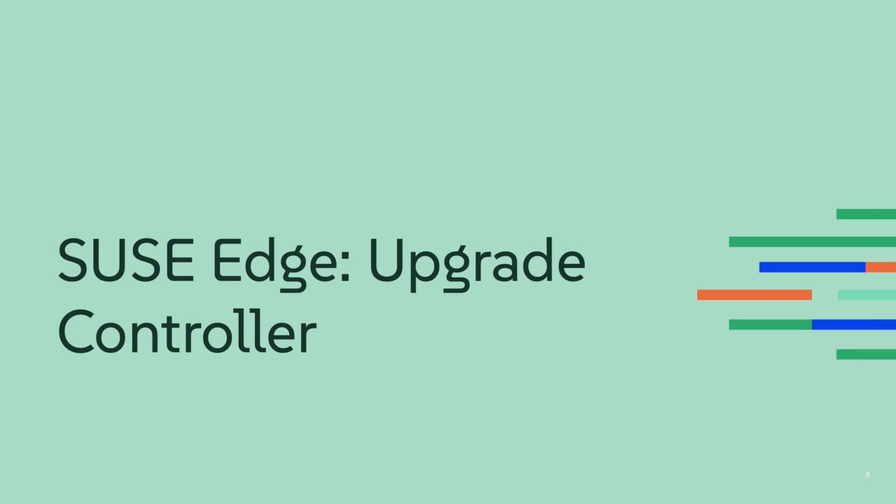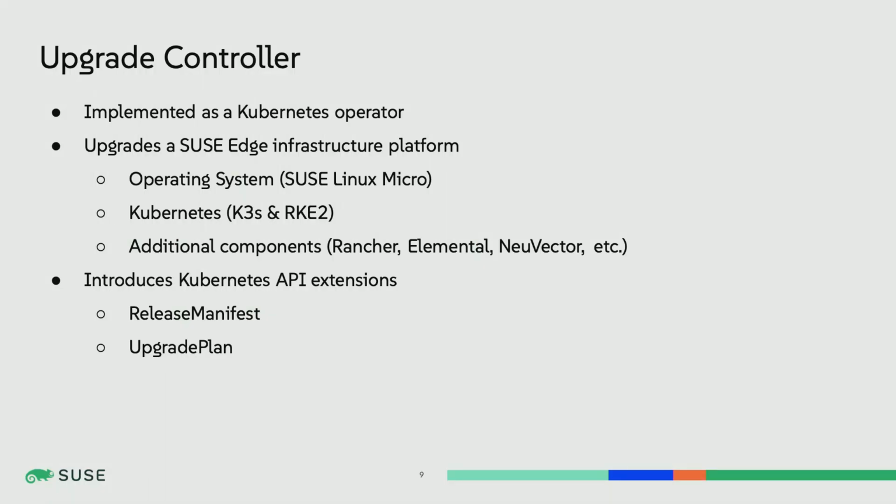Now, when we move on, that's our solution. We came up with something called the SUSE Edge Upgrade Controller. The name might not be the best one, but we'll eventually figure out how to improve that. So this is cloud native, Kubernetes native, implemented as a Kubernetes operator. It will upgrade the SUSE Edge infrastructure platform that we briefly mentioned earlier.